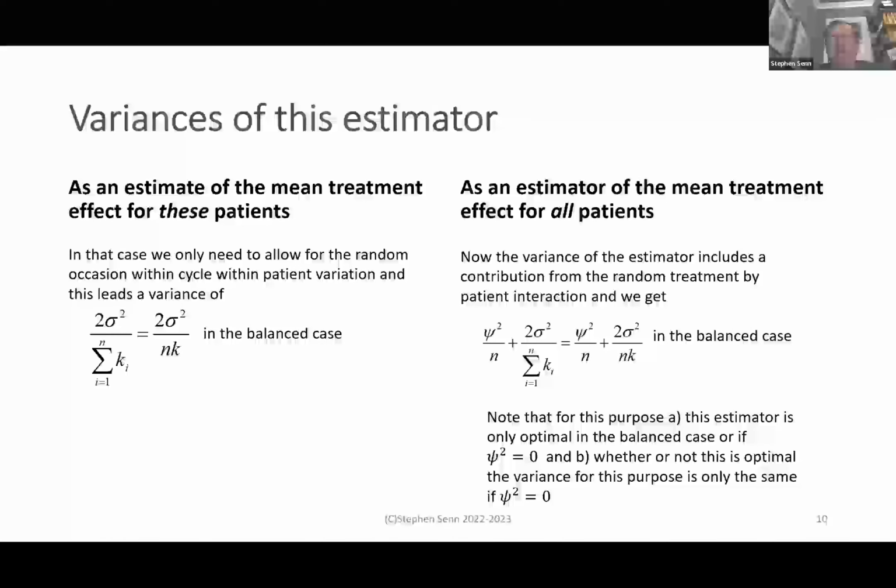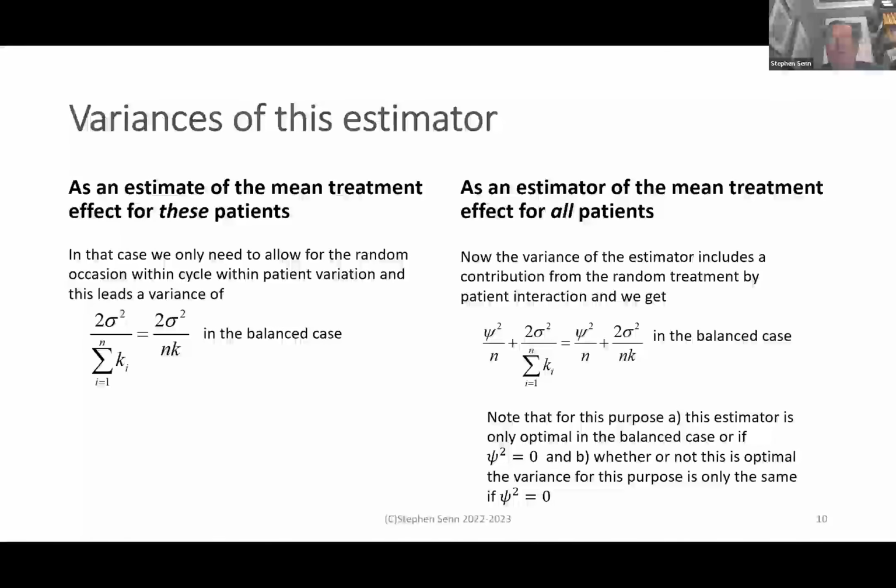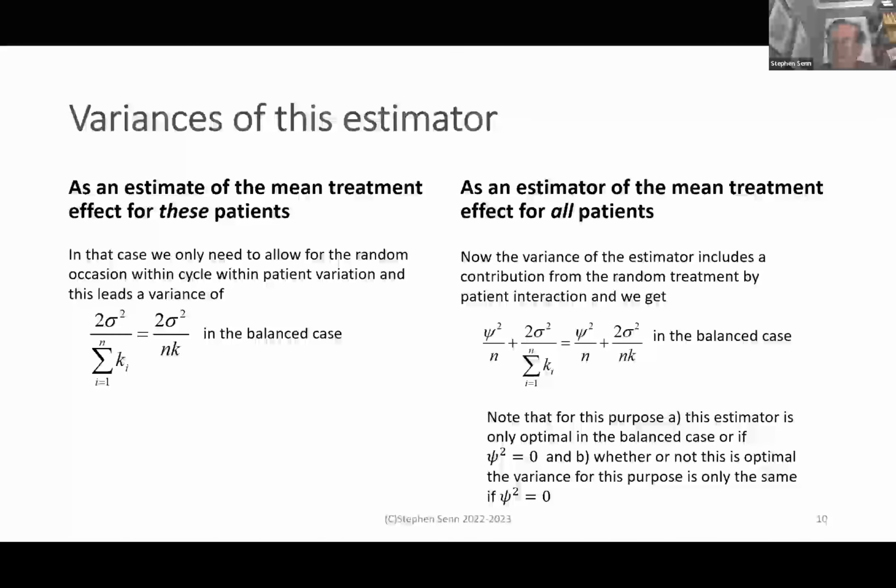The variances of the estimator that we're talking about. Well, as an estimator of the mean treatment effect for these patients, then in fact, we only need to allow for the random occasion within cycle, within patient variation. It means we can ignore the psi squared term. Why can we ignore it? Because we're going to imagine that as we repeatedly randomize, we keep the patients the same.